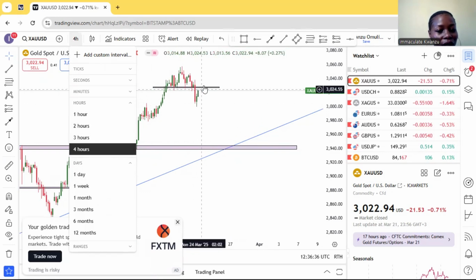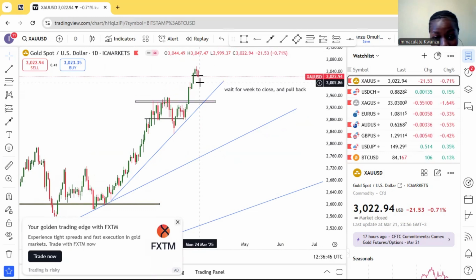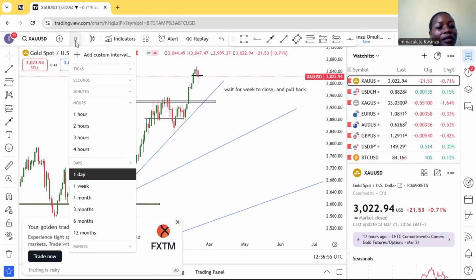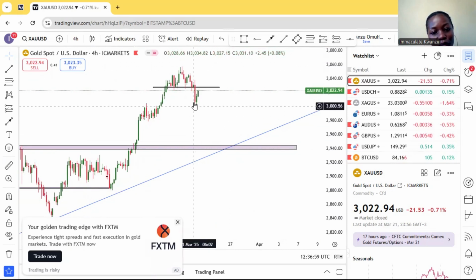If that level can hold, I think we're going to pull back to this trend line. If this level can hold, then gold is going to fall all the way to this trend line, and then you can see what happens next. However, we can still break through and continue all the way up.